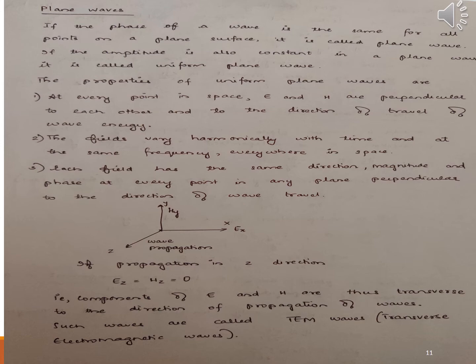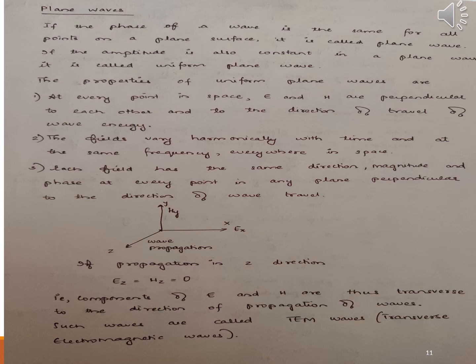So far we have derived the electromagnetic wave equations from Maxwell's equations for the different media. The next topic is to derive the equation for a uniform plane wave. Before we go on to the uniform plane wave, the first thing we need to know is, in general, what do you mean by a plane wave?